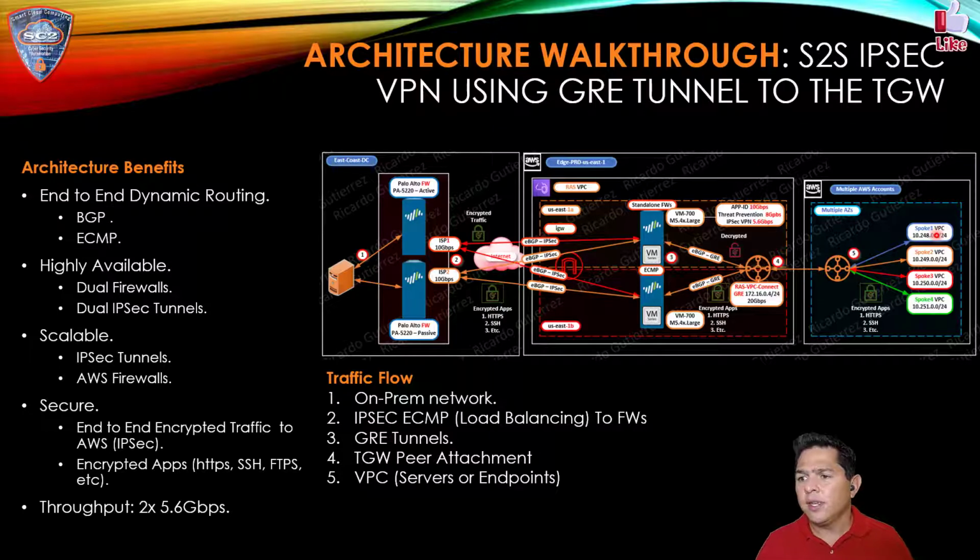So let's say I have a database server behind here. The packet will be sent to this transit gateway attachment, and then it'll hit the device in this VPC. And in the next video, I will give you a demo of what the route tables look like on the firewalls and what it looks like in AWS.